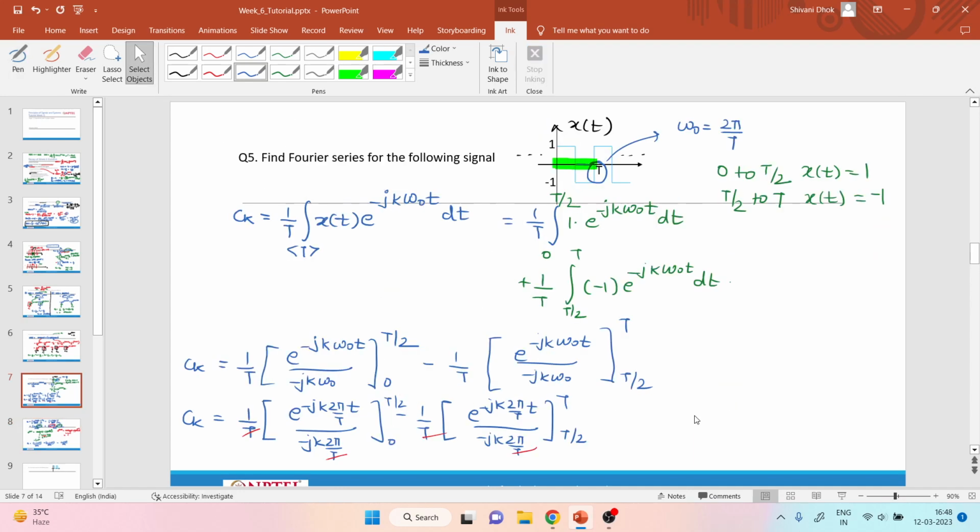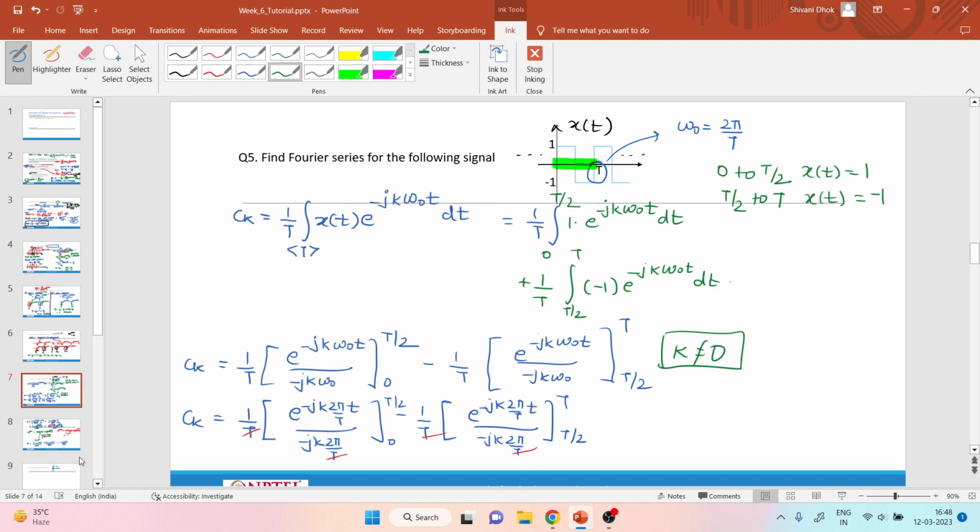Now notice here, when I am finding this integration, this is valid only when my k is not equal to 0. I am finding this only when k is not equal to 0, otherwise this term has no meaning.